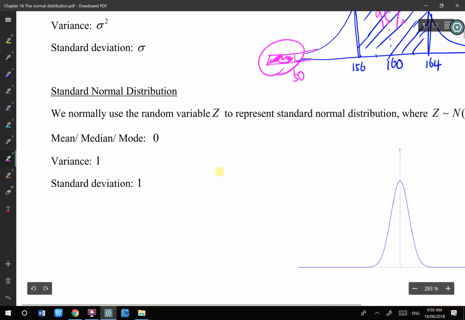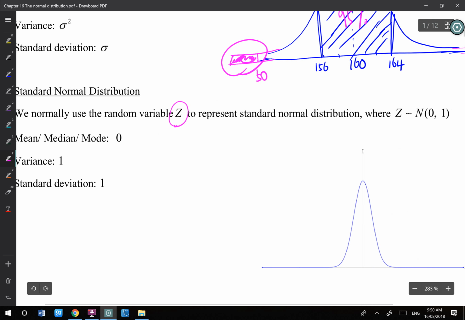We normally use the random variable x, like x is normally distributed, but we use z to say this is a standard normal distribution, with mu 0 and standard deviation 1. So my mu is 0, my standard deviation is 1.